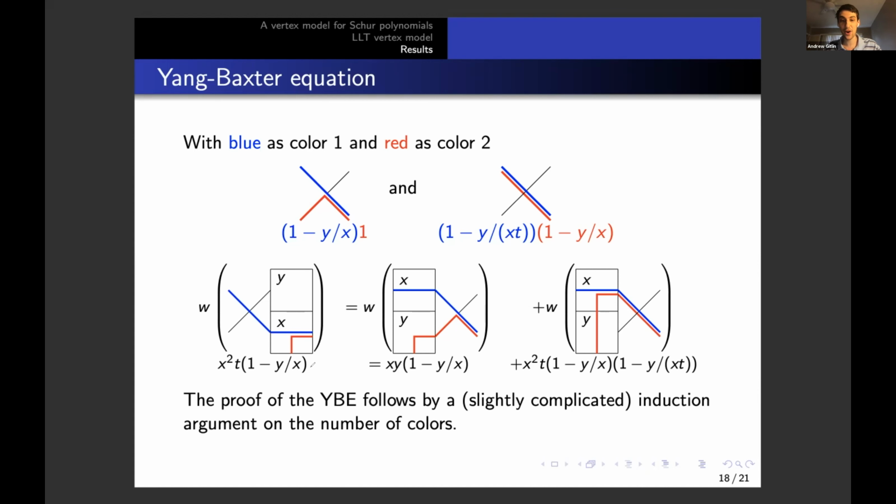But on the right-hand side, there are two possible configurations with those boundary conditions. And if you add those two up, you'll get the weight of the configuration on the left-hand side. So in this particular case, the Yang-Baxter equation holds, and it ends up holding true in general.